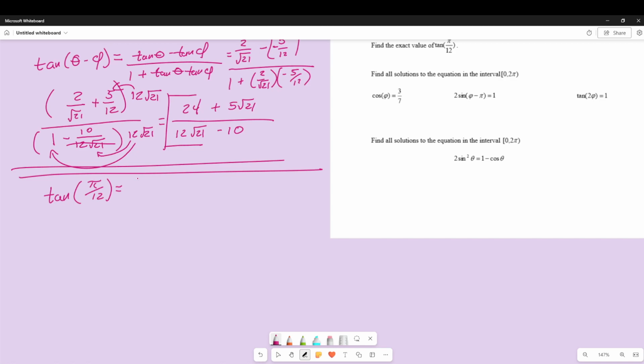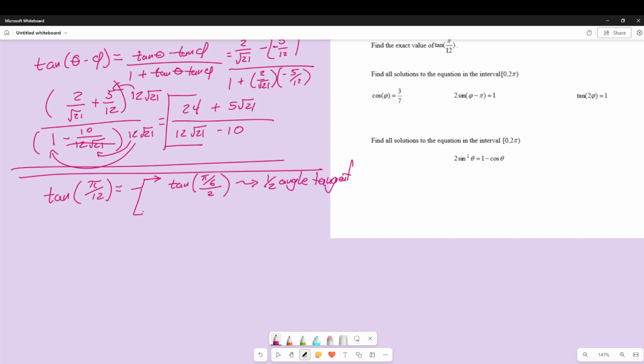Half-angle formula would work as we can turn this into the tangent of pi over 6 over 2. So pi over 12 is half of pi over 6. So we could put that into our half angle formula for tangent. But I'm not a big fan of the half angle formula for tangent.